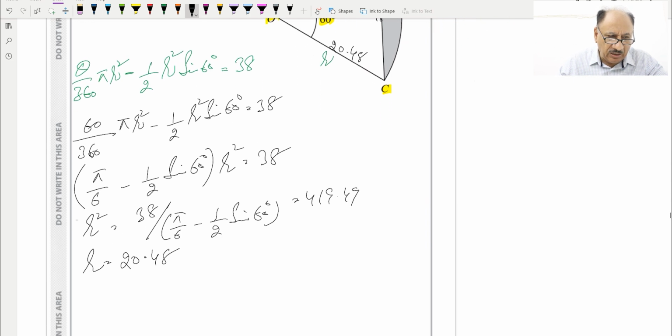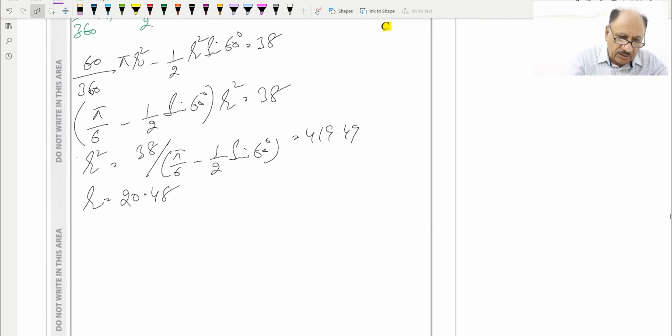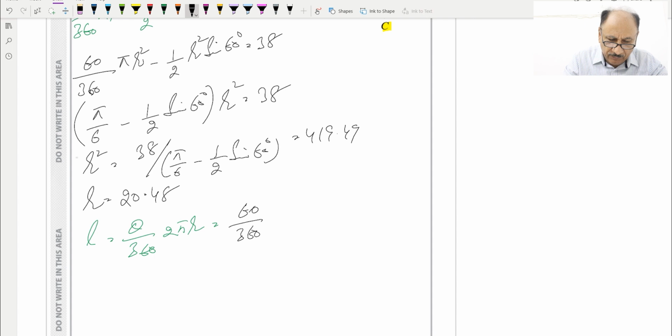Now the ABC arc is required. Now we'll be applying the arc length formula, and the length formula is theta over 360 into 2 pi r. We can apply theta is 60 over 360 into 2 pi, and the r value we already calculated, 20.48, just now.